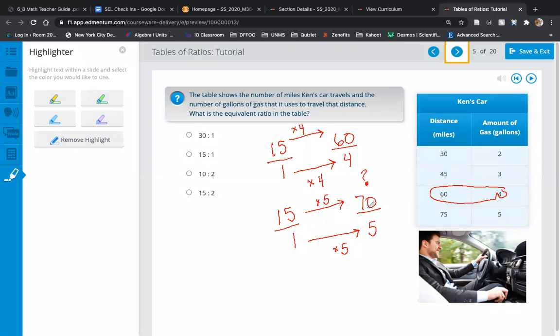Does that give me 70? No, that would actually give me 75. So this here would not be an equivalent ratio. As I can see over here, it would need to be 75 over 5 to get me that equivalent ratio. 70 in this case represents the distance, 5 represents the gas.